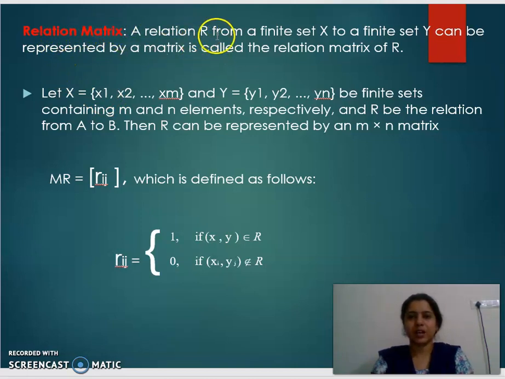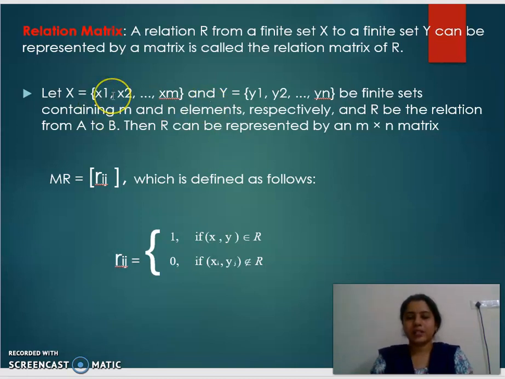Here, a relation R from a finite set X to a finite set Y can be represented by a matrix called the relation matrix of R. For example, X is a set which contains x1 to xm and Y is a set which contains the elements y1 to yn. Then the rows are represented by x1 to xm and columns are numbered by y1 to yn. Then how to fill this matrix? Either we fill 0 or 1 in the matrix.